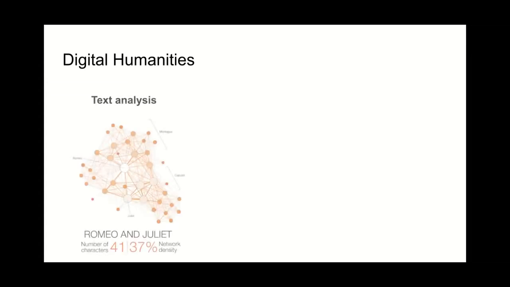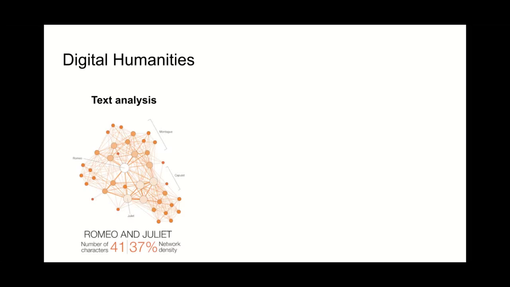So now that we have a general idea of what the digital humanities are, let's take a look at some of the methods used. So a foundational method in DH is text analysis. Instead of the classic approach of close reading, text analysis includes what has been coined as distant reading.